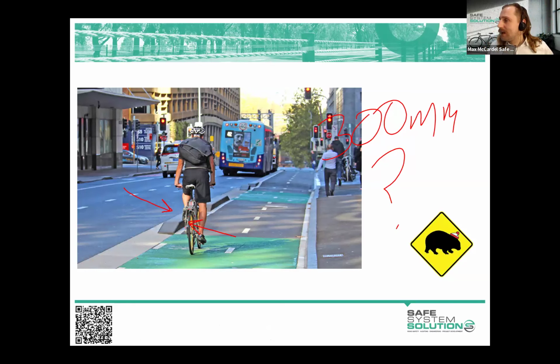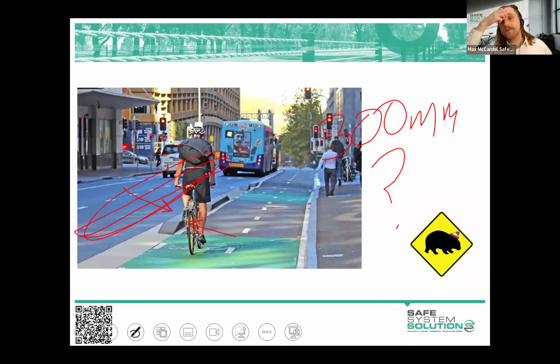All right, and yes, the reason that we've got a narrow separation here is because there's no parking lane here. So this is a traffic lane, it's a right turn lane. We're not expecting vehicle doors opening, therefore we can provide a smaller degree of separation there.